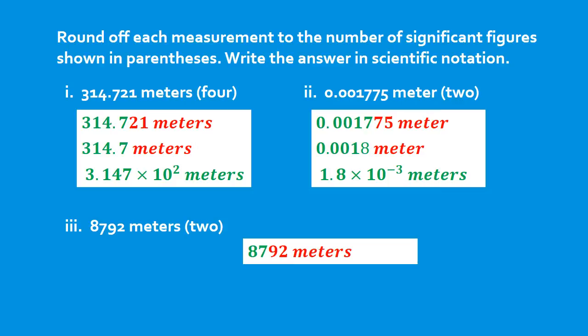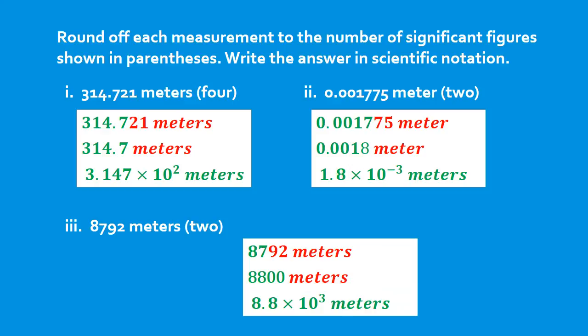But we need to keep the same value of the number, so we add zeros. Because remember, the zeros are placeholders. So we need to add these 2 zeros. These show our 2 significant digits. But remember to show clearly what we want. And in this case, we're also asked to write it in scientific notation. We go 8.8 by 10 to the 3 meters.